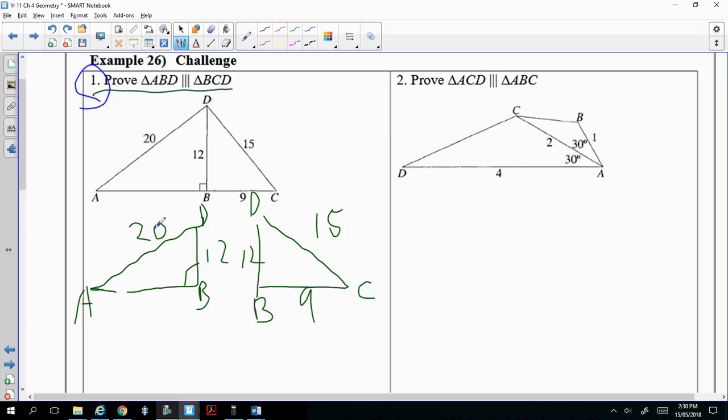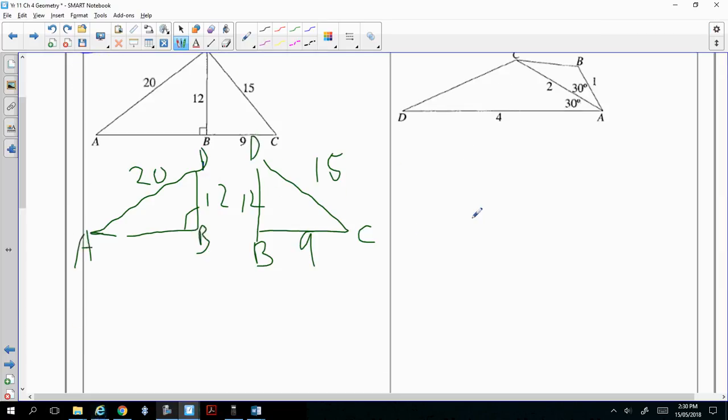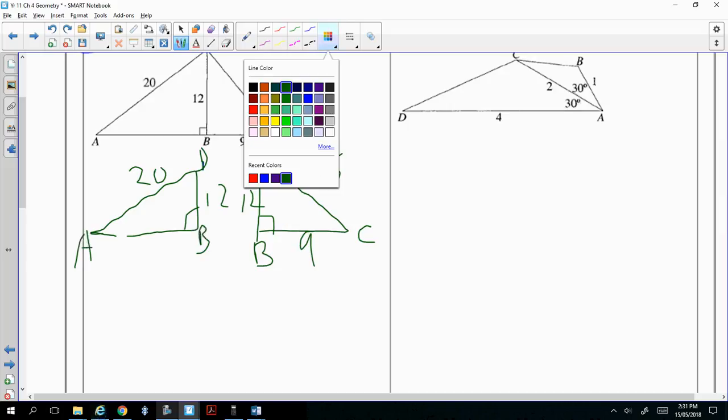So it's likely we're going to use the ratio of the hypotenuse being equal to the ratio of one other side of the right angle triangle. So we do the matching. Obviously the hypotenuse matches with the hypotenuse. So you do AD over DC equals 20 over 15, which is 4 over 3.